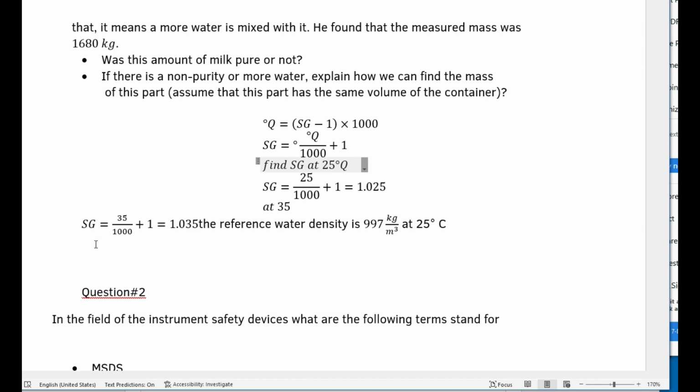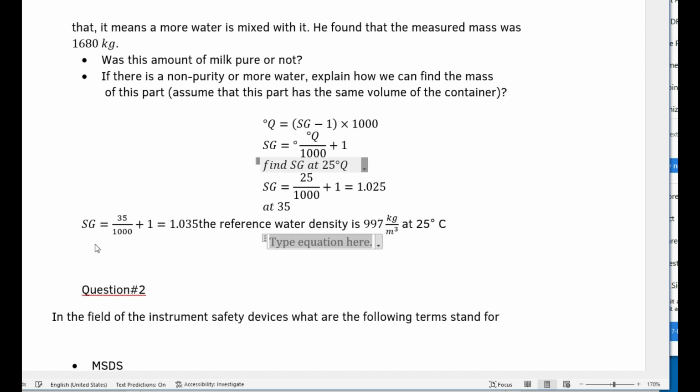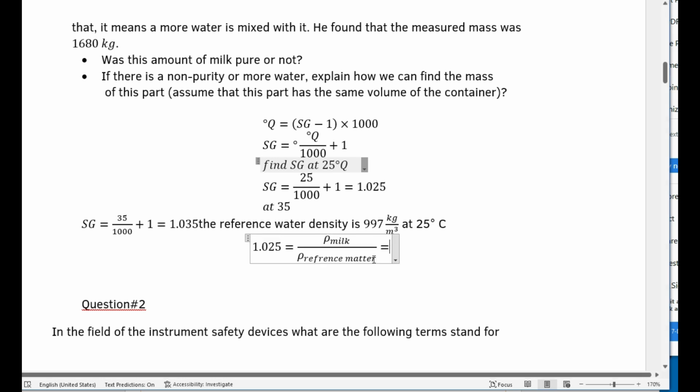So this 1.025 SG is really the density of milk over the density of the reference material.